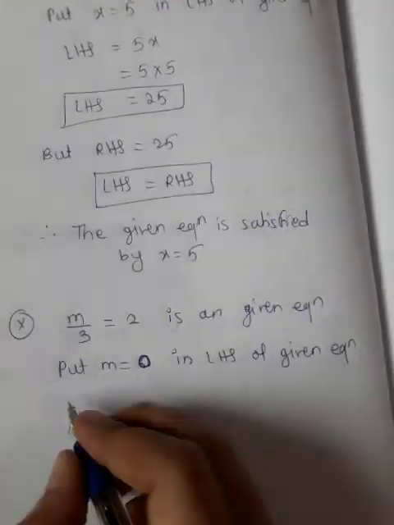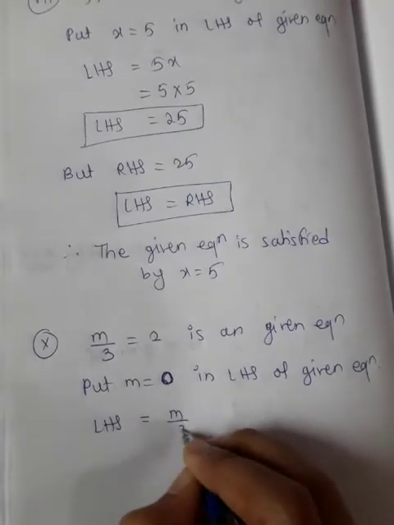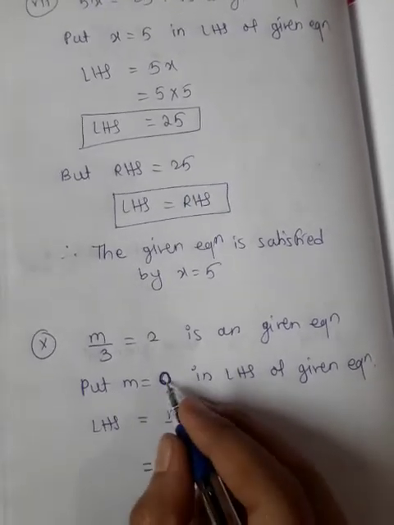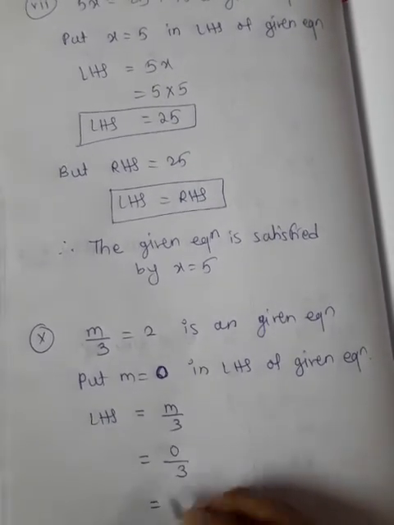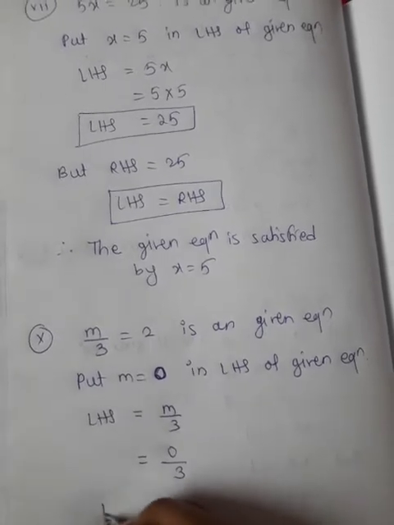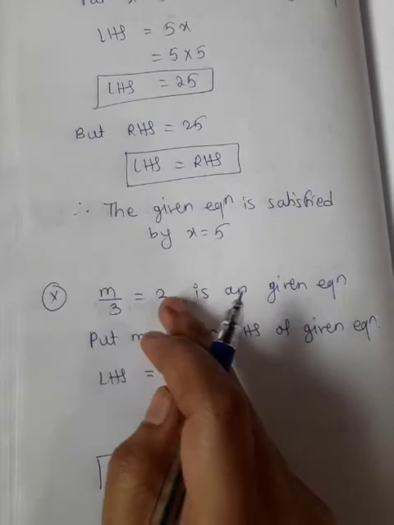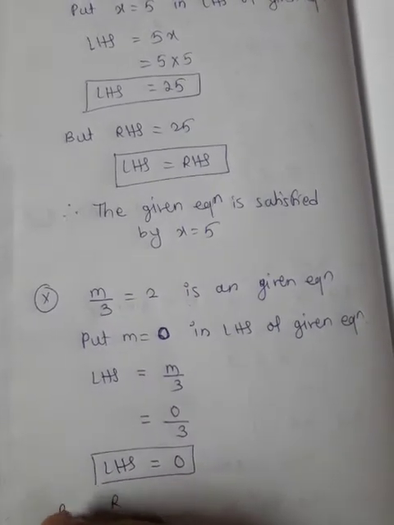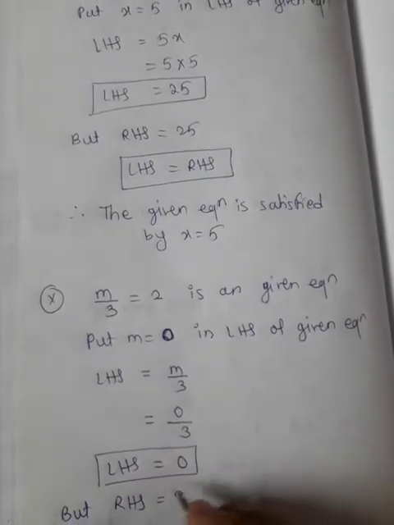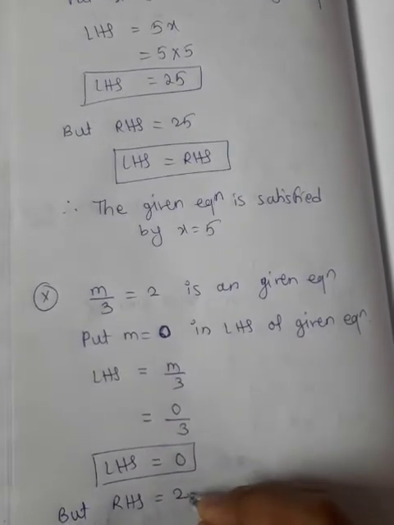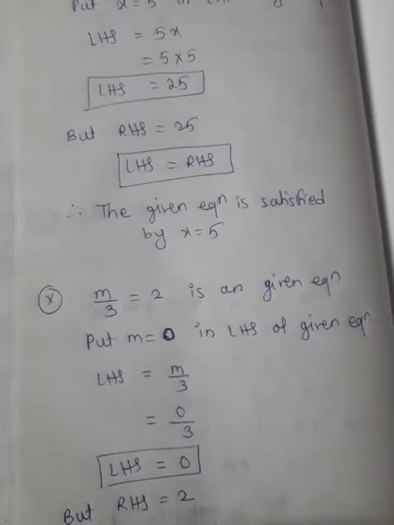So LHS is m by 3, and if we put the value 0 of m in this equation, what do we get? 0 by 3, and 0 by 3 gives you 0. So we get the value of LHS is 0, but what is the value of RHS? RHS is 2, and if you compare LHS and RHS, then you can say that LHS is not equal to RHS.